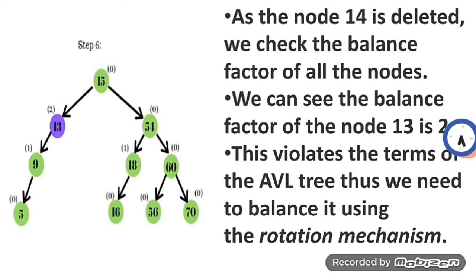Here also I have maintained that thing. As node 14 is deleted, we check the balance factor of all nodes. We can see that the balance factor of node 13 is 2. This violates the terms of the AVL tree. Thus we need to balance it using rotation mechanism.